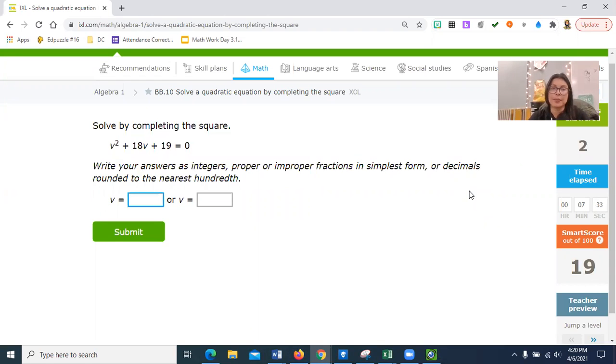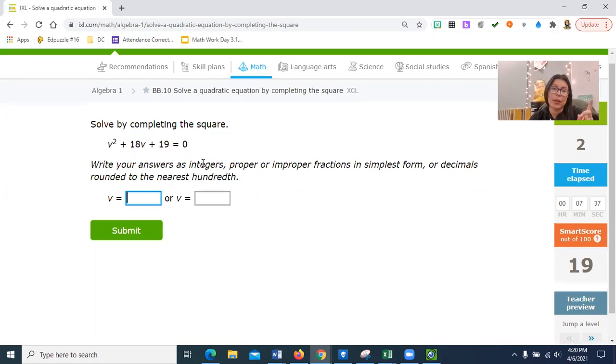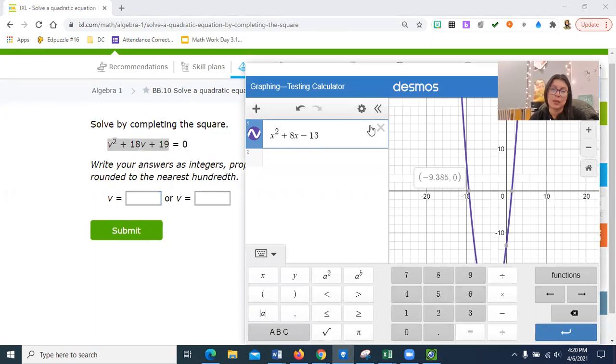Okay, let me do the next one. So do I have to solve this one? No, because it equals to 0. Okay, so because I didn't use X, it's telling me to use a slider, which is not what I'm doing.